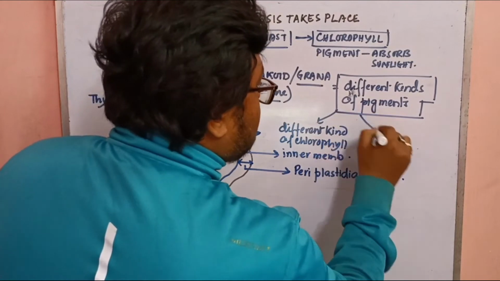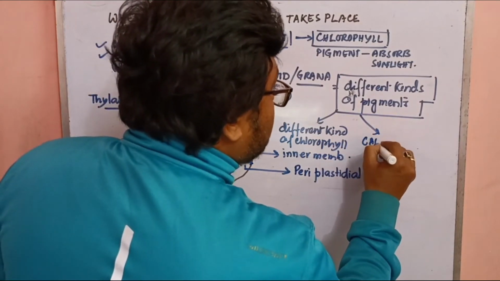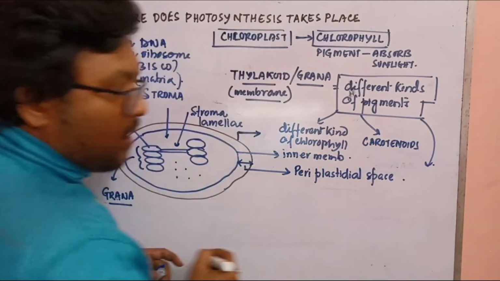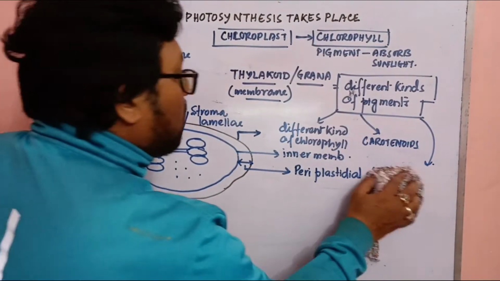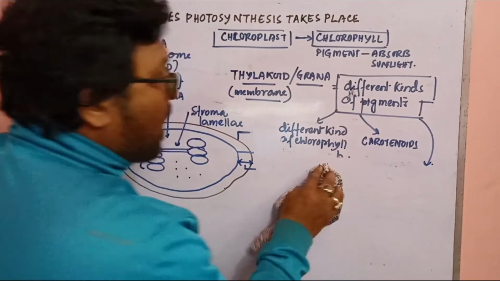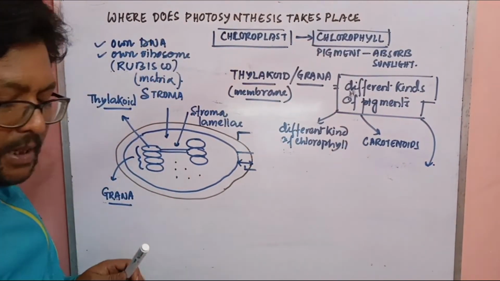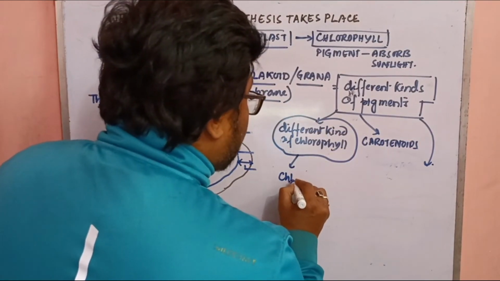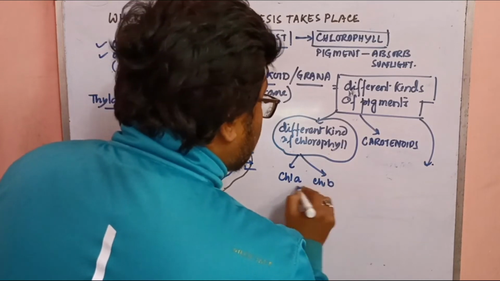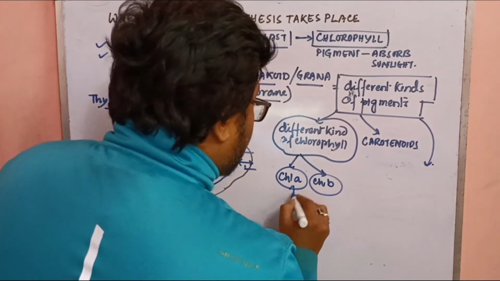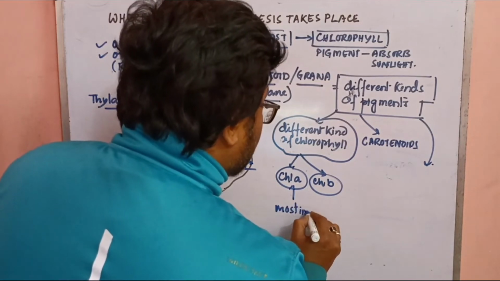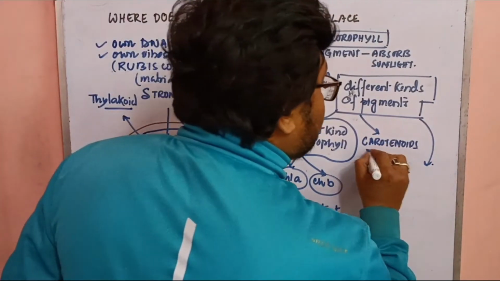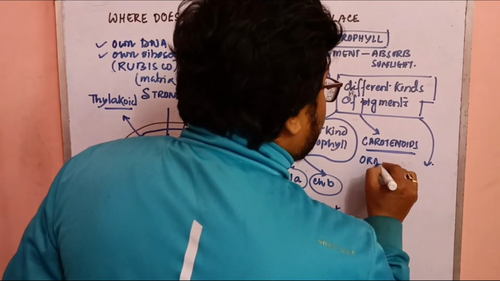Okay, besides chlorophyll, carotenoids are found, and even xanthophylls are also found. These are also pigments. Now different kinds of chlorophyll include chlorophyll A, chlorophyll B, and the most important one is chlorophyll A. Carotenoids are basically orange pigments.